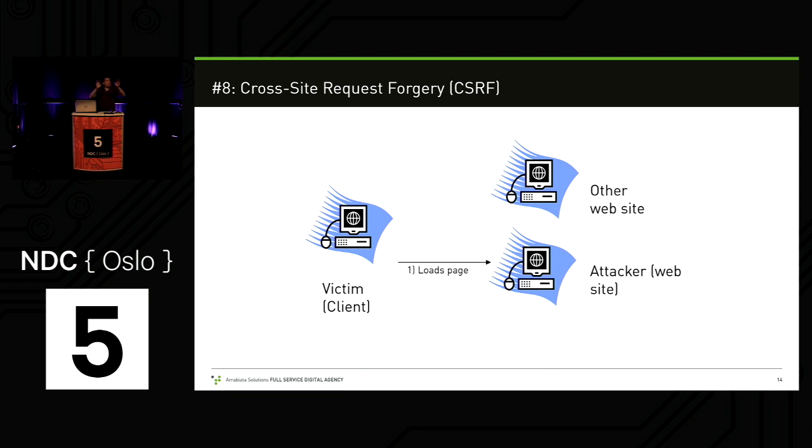Let's say I'm the attacker and you're the victims. I prompt you to go to my website, maybe because, hey, the slides will be up there. I guess they will be on the NDC website. If not, go to Twitter or send me an email, and I'll be more than happy to provide you with the slides. But anyway, I prompt you to go to my website, right?